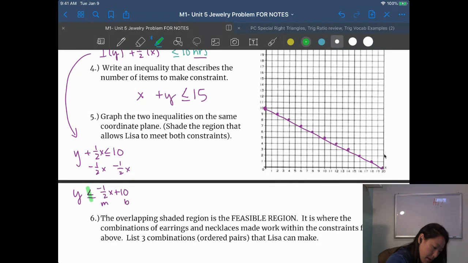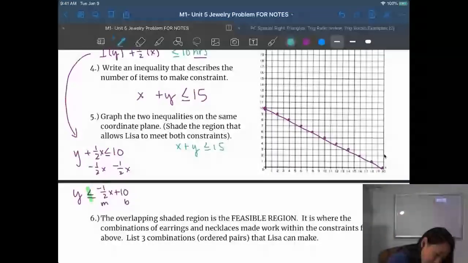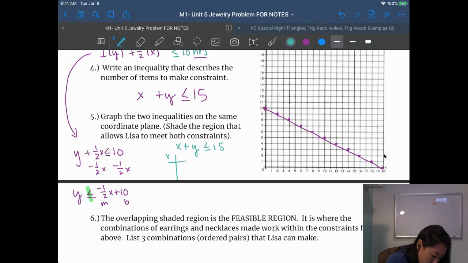For the second one, x plus y is less than or equal to 15. I'm just going to find my intercepts. This is just another way to graph. I'm plugging in 0 for x, so 0 plus y has to be less than or equal to 15, so my y value is going to be 15.